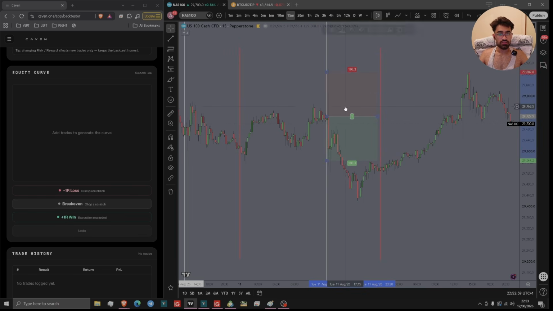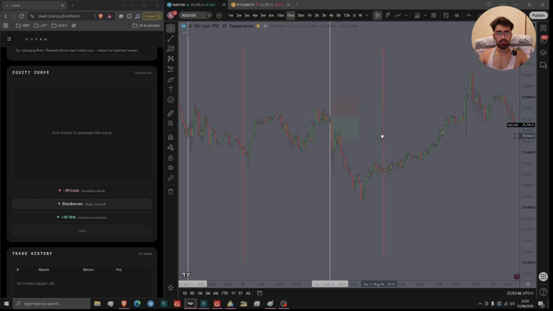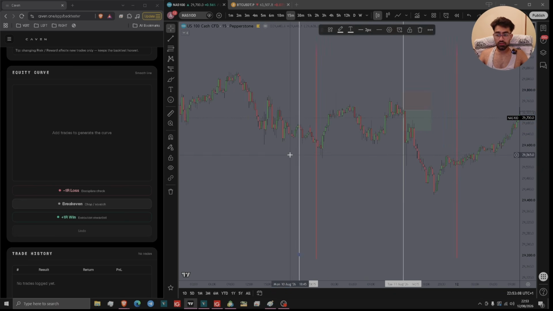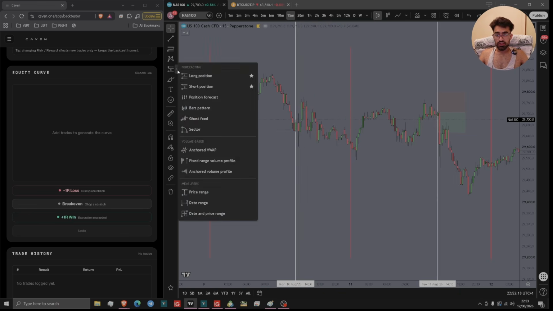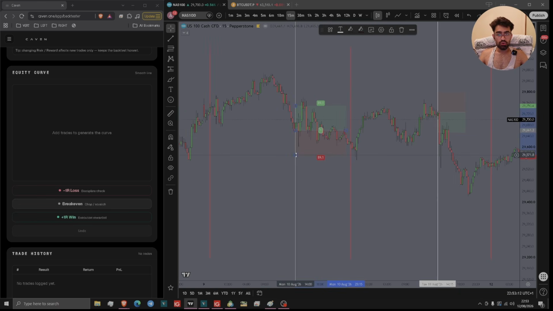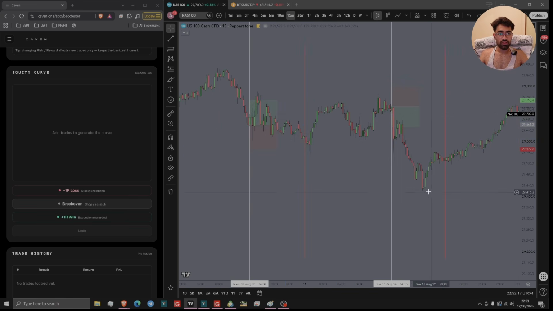That was really glitched. Okay, if we short it right here, 1 to 1, that would hit TP. On this day right here, if we longed around New York time, we would have hit TP on our 1 to 1. That's a winning scenario.